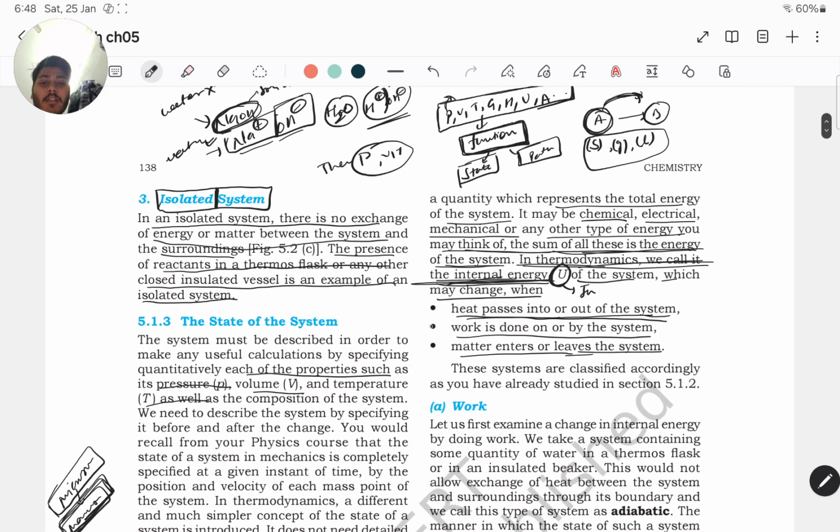And the second point, I think you did not understand the second part, so I can explain with some other terms. There is a piston, like the cycle pump that we use to fill air in the tubes and tires of a cycle or motorcycle.